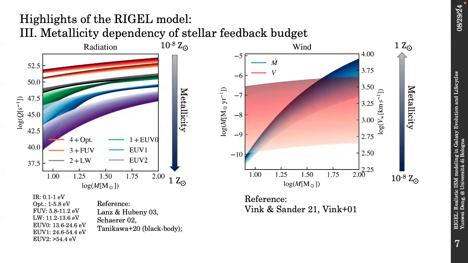Basically, you can see more metal-poor stars are brighter, and the opposite for the wind property: for a given mass, more metal-poor stars have weaker winds. Maybe everyone knows these trends, but only a few models have considered the metallicity dependence of stellar feedback intensity. You can see there are orders of magnitude differences. So based on our library, we can use polynomial fitting functions to determine the radiation and wind properties of each individual star in my simulations on the fly.